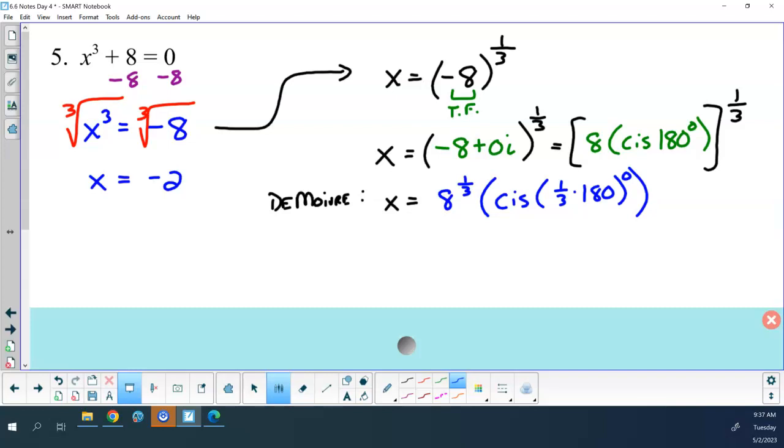So 8 to the 1/3 power is how much? 2. 1/3 times 180 is 60 degrees.